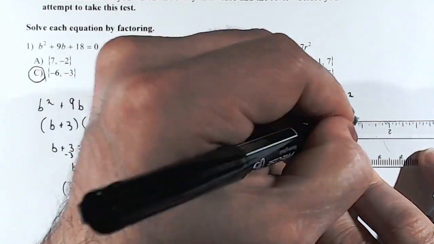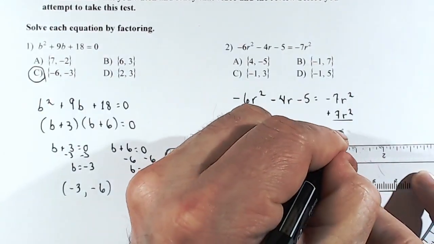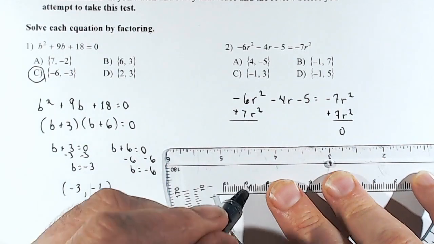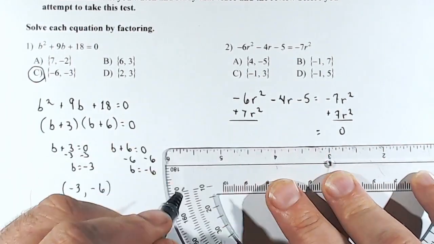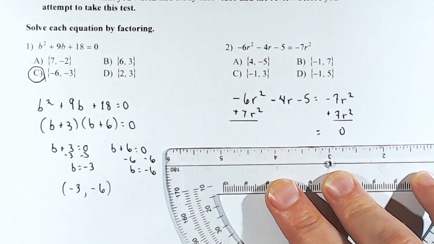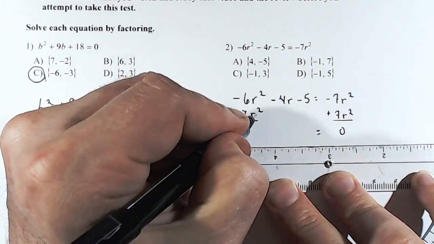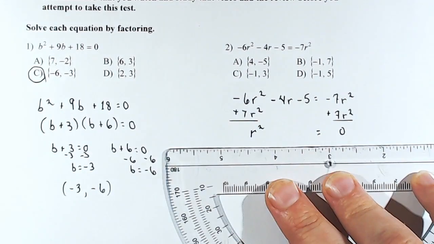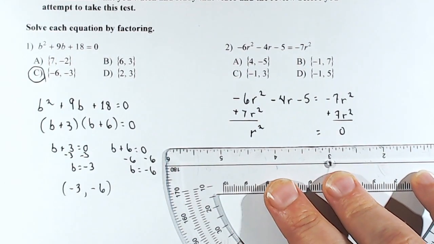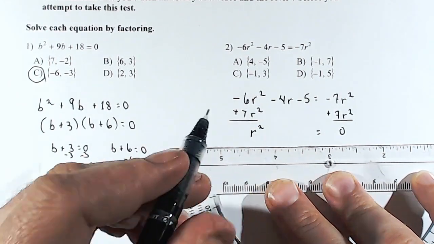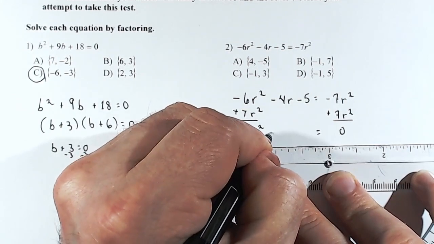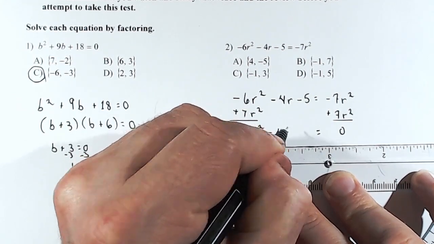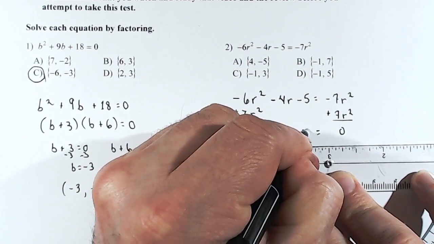On the right side, we get 0, which is what we wanted. And on the left side, -6r squared plus 7r squared is 1r squared, or just r squared. So there's no leading coefficient in front of the squared variable. Just -4r minus 5.